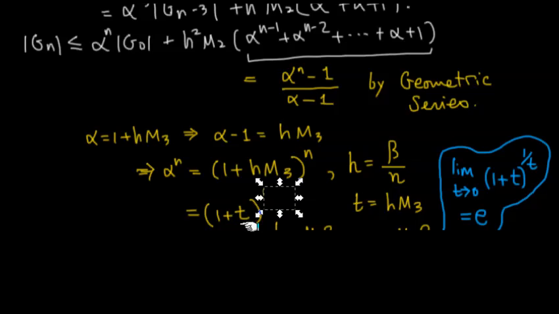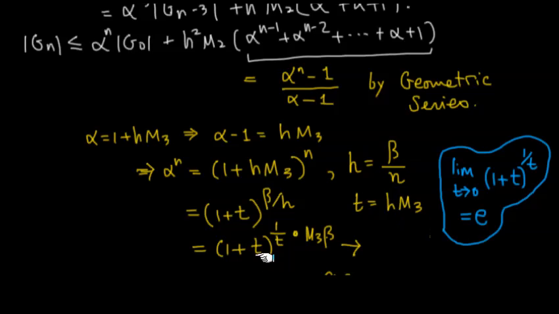So by looking at it here, it might trigger that it looks a lot like this one. So why don't we change that into that form? I called h m3 to t and try to write n in terms of t here so that we can pull this form out of it. So what's n here? n is beta divided by h. That's why you see that part here, beta divided by h. So let's write h in terms of t.